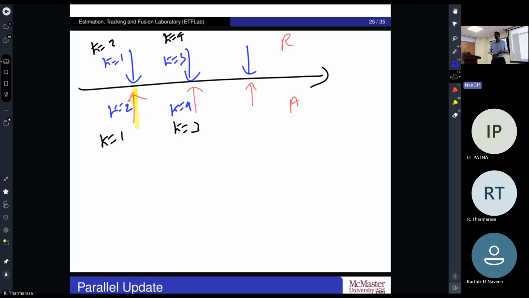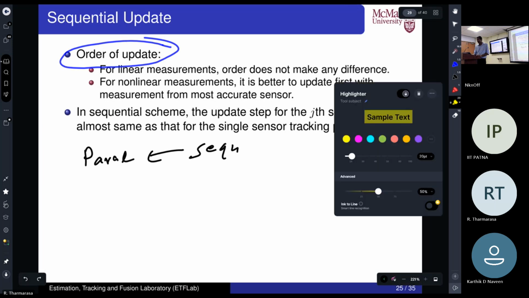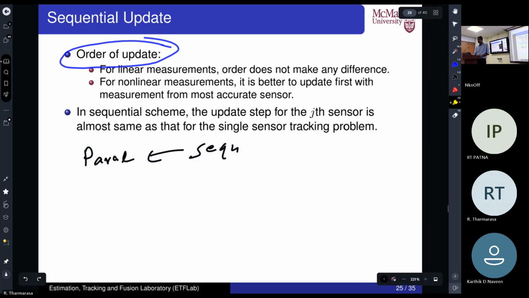So it says that in the sequential update, for linear measurements, order does not make any difference. But if it's nonlinear, then order matters.